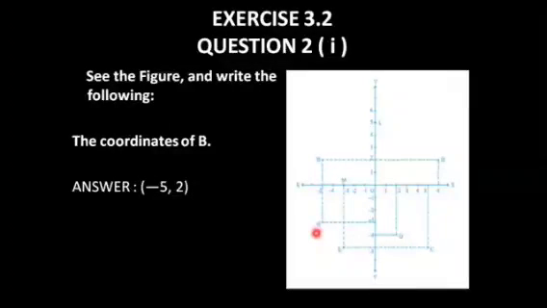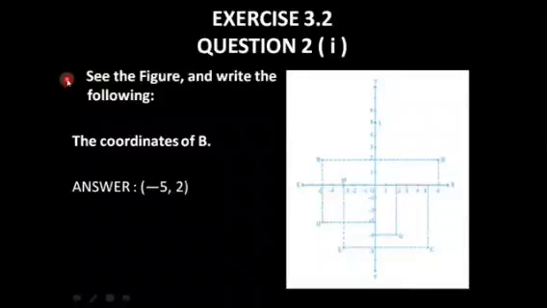Can you tell me what are the coordinates for the point H? Yes, you'll first write the x coordinate, which is -5, and then the y coordinate, which is -3. So the coordinates of H are -5, -3. Now, I believe you have understood and recalled the concept of Cartesian system. Let us get to the question.